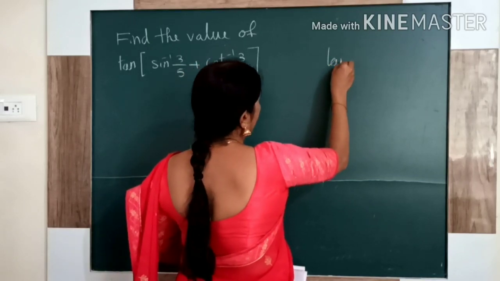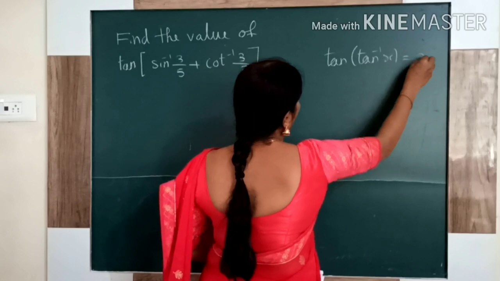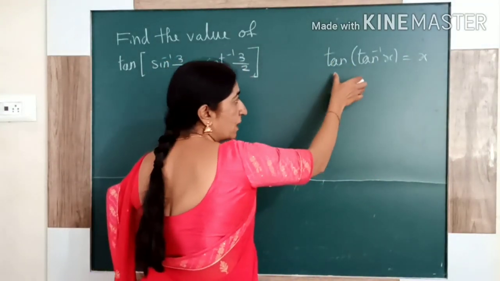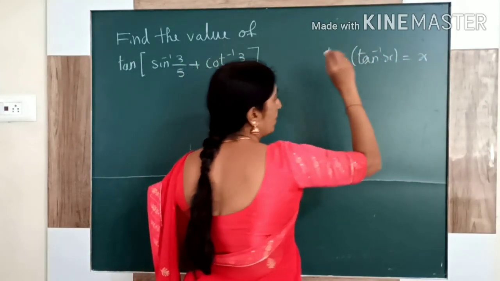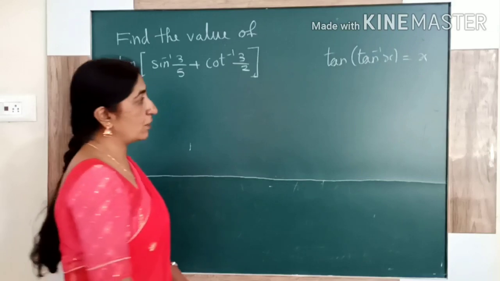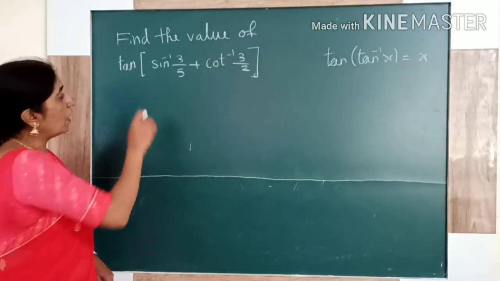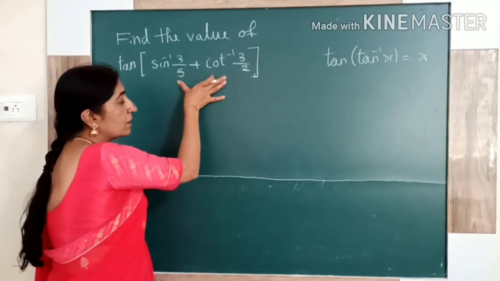In that, one formula is tan of tan inverse x is equal to x, if x is a real number. If outside we have a tan and inside we have tan inverse, your answer will be x if x belongs to R, the set of real numbers. So that gives you one hint. Outside we have tan, so convert this in the form of tan inverse.